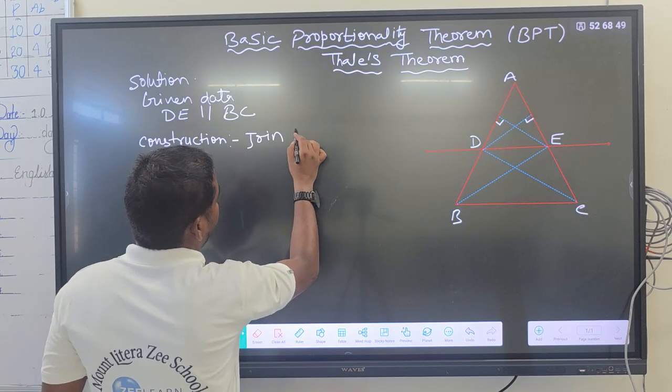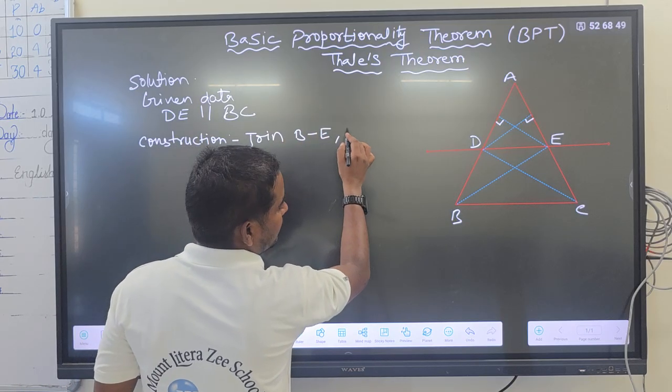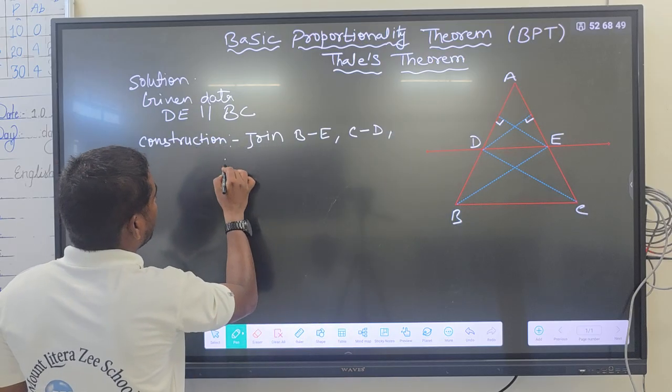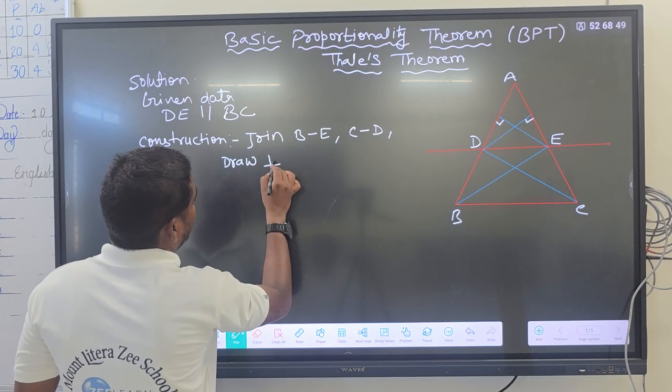So in construction we will have to write here: join B to E, then C to D, then draw perpendiculars.